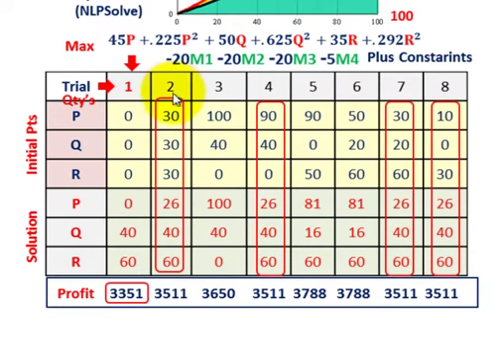For our second trial, and it doesn't matter here, for the initial points I just used 30, 30, 30, but you could go 40, 40, 40, just equal amounts, or 50, 50, 50, and you're going to get a solution where, instead of 0 for P like we have with doing nothing, it would have given us a quantity of 26 for P, and then Q and R would have been 40 and 60, the same as our initial solution starting with the 0 initial points.